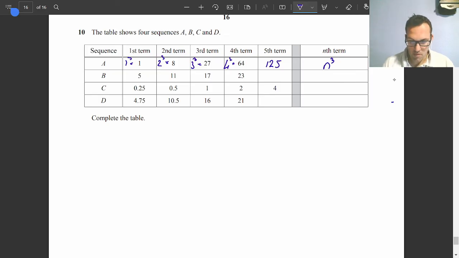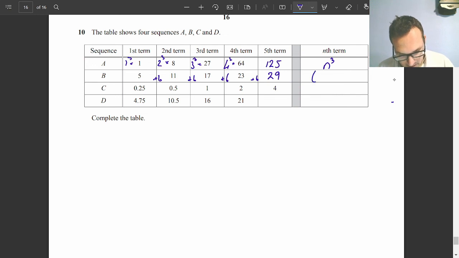Okay, pretty straightforward. Next one, let's look at the common difference. We add 6, we add 6, we add 6, then we add 6. That's easy, so that's 29. And the nth term rule is n plus 6, right? No, it's not n plus 6. Don't ever please write n plus 6. It's not.